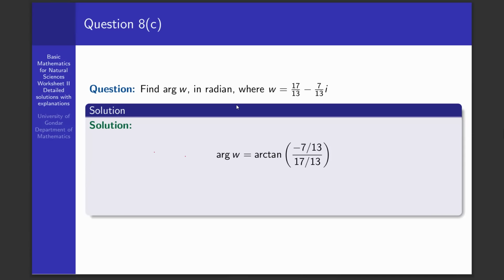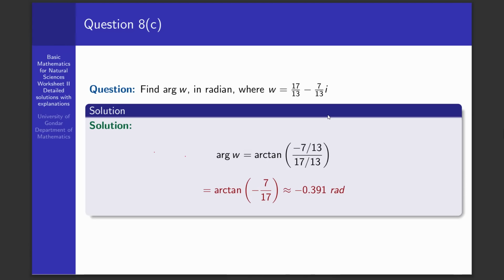Therefore, the angle is the tan inverse, or arctan, of the imaginary part of the complex number divided by the real part, that is minus 7 over 13 over 17 over 13. So this is arctan of negative 7 over 17, which can be approximated to negative 0.391 rad.